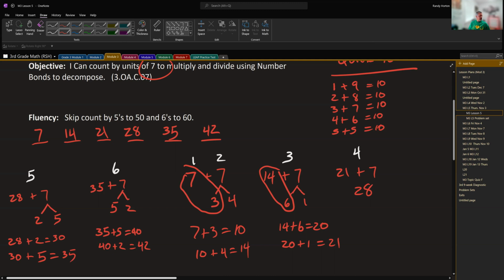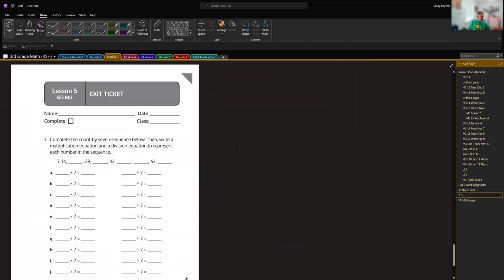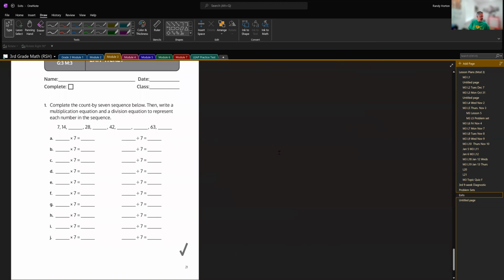All right, so let's just take one quick look at the exit ticket for lesson 5. If you see here, the exit ticket simply wants students to complete the count by 7 sequence below, then write a multiplication equation and a division equation to represent each number in the sequence.